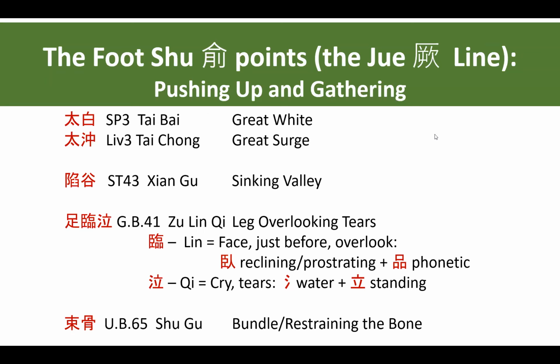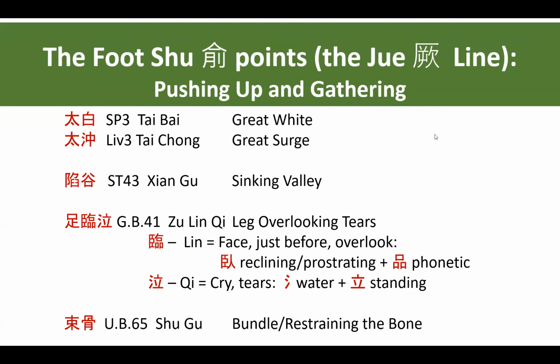The Jue points are supposed to be points that can affect the whole meridian that it's on. And the shu stream points are supposed to do the same thing also. So this line affects the whole body, the whole meridian at least that it's on.